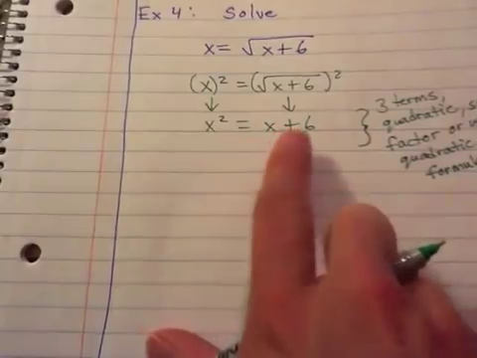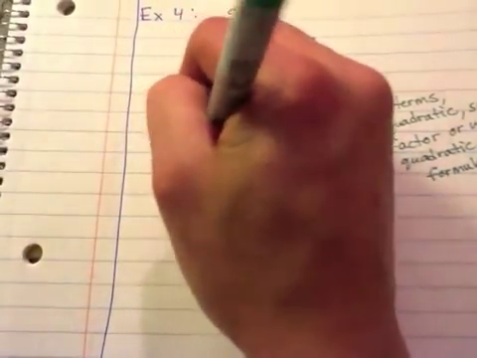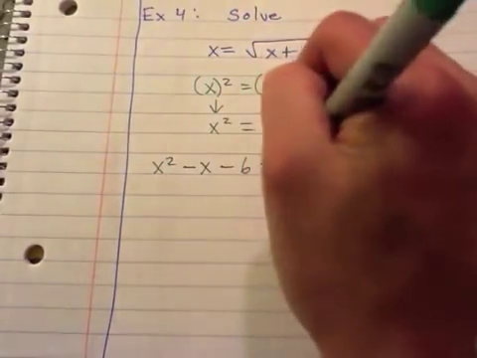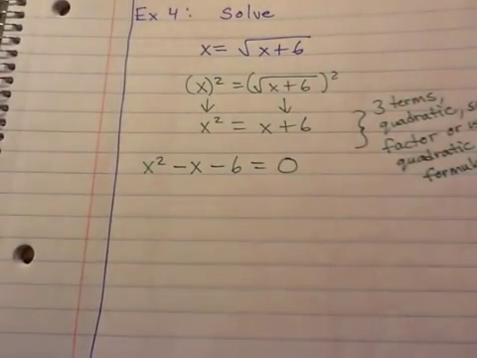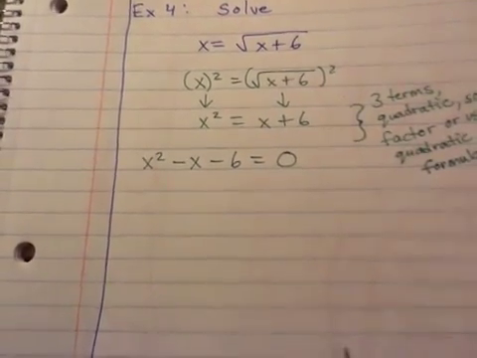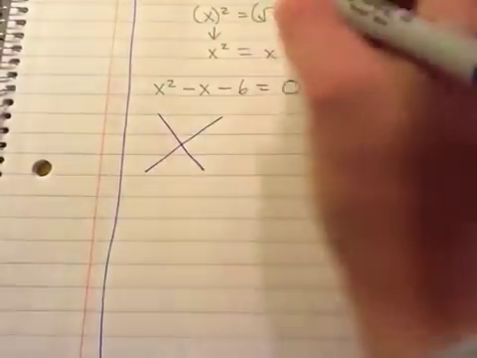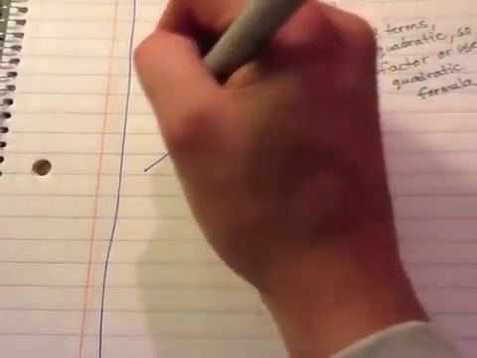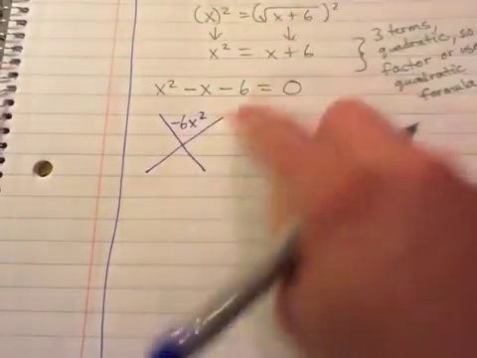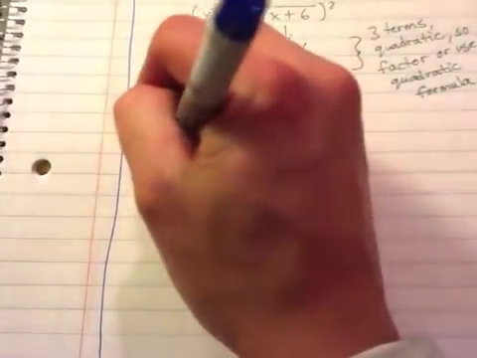So I'm going to move 6 over and move x over, and end up with x squared minus x minus 6 equals 0. Okay, I'm going to set up my diamond, which you should be pretty good at these now. Negative 6 times x squared is a negative 6x squared. The negative x comes down.